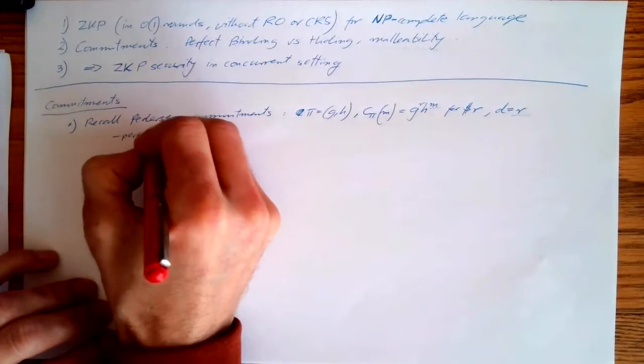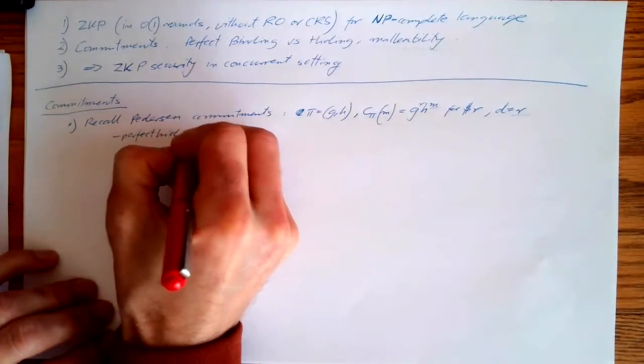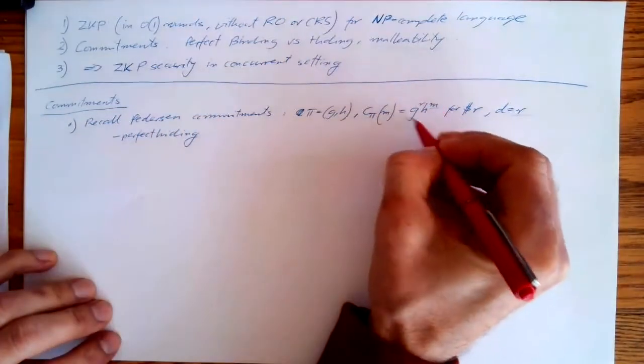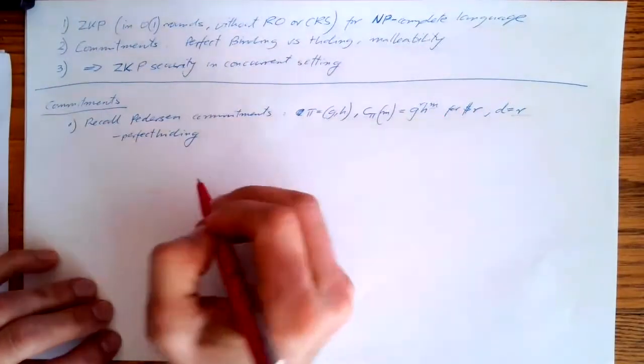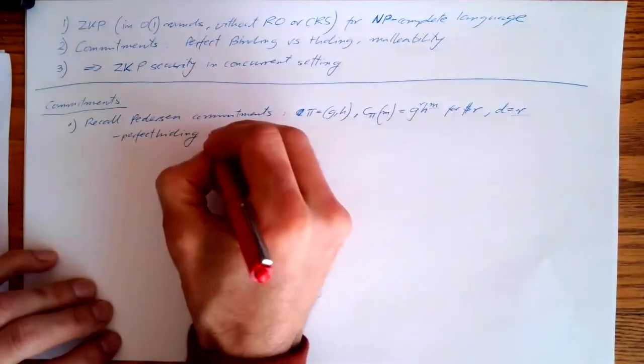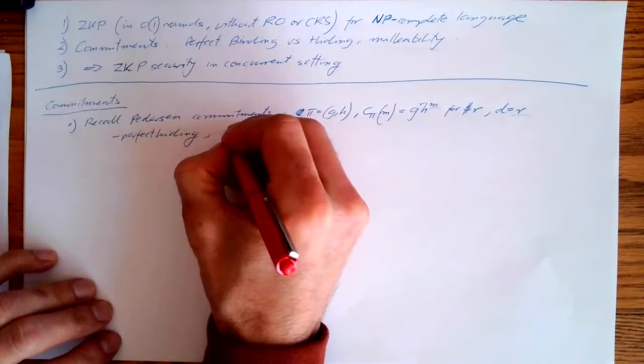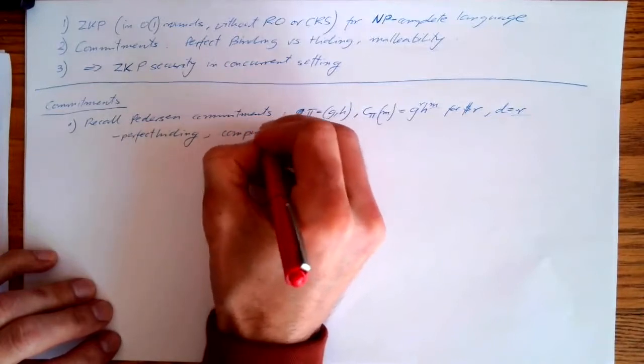Perfect hiding, because this is a random group element independent of the message. And computational binding.